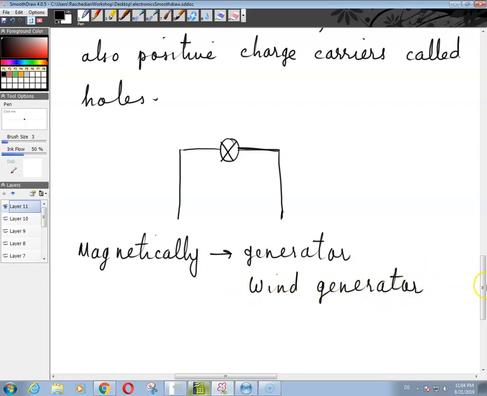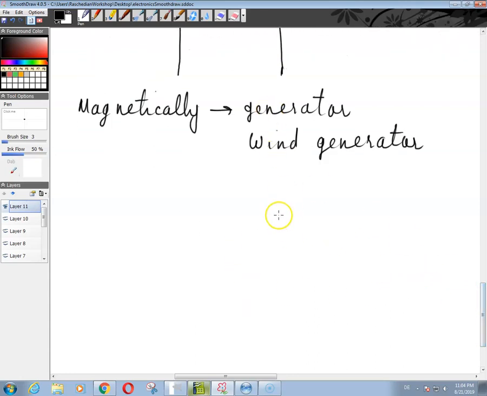The wind generator has something like a fan, or all of these blades that you put high up in the air, and then there is a shaft over here. That shaft is connected to a generator, and when the wind is blowing, of course, it will keep rotating this wheel over here, or this fan over here.